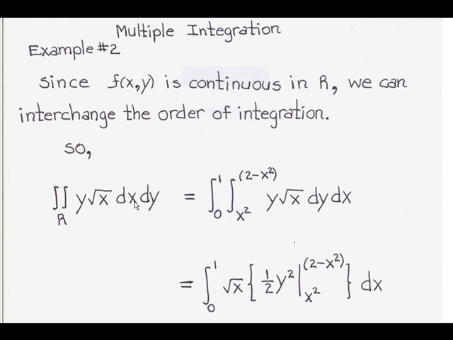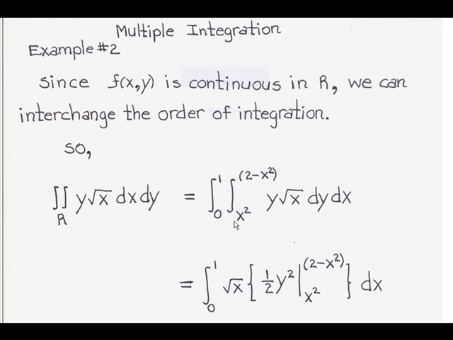Instead of dx dy, it now becomes dy dx. And we now have the integral from 0 to 1 of the integral from x squared up to 2 minus x squared of y times the square root of x dy dx.